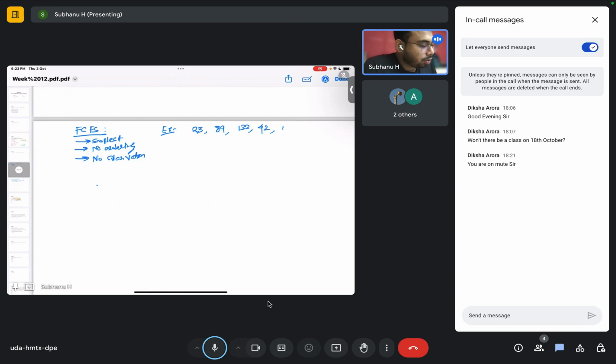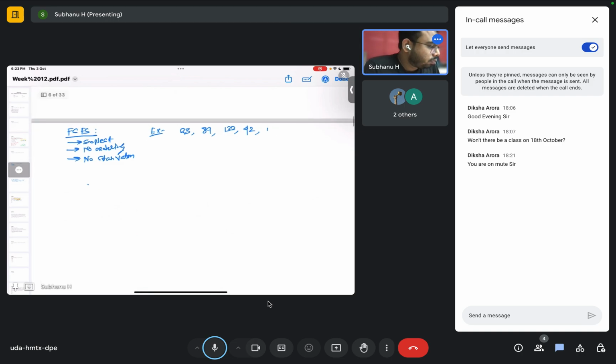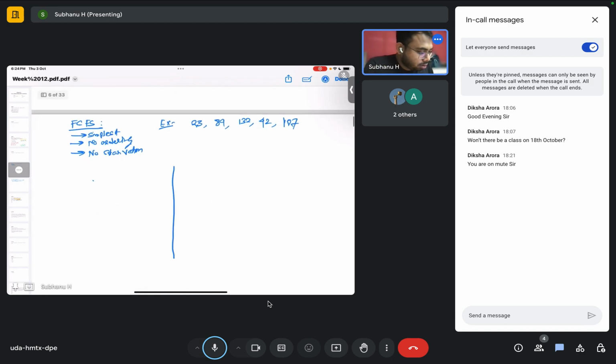First come first serve is the simplest input output scheduling algorithm. We have requests like 23, 89, 133, 132, 42, and 187. How many are there?